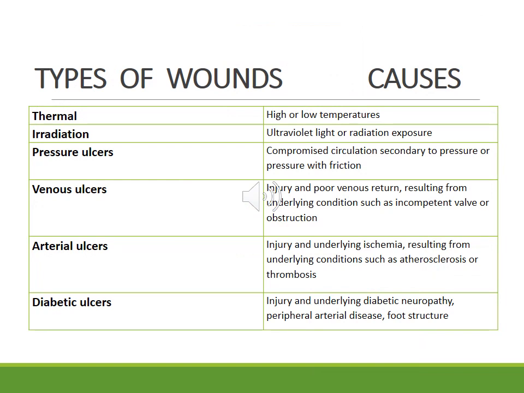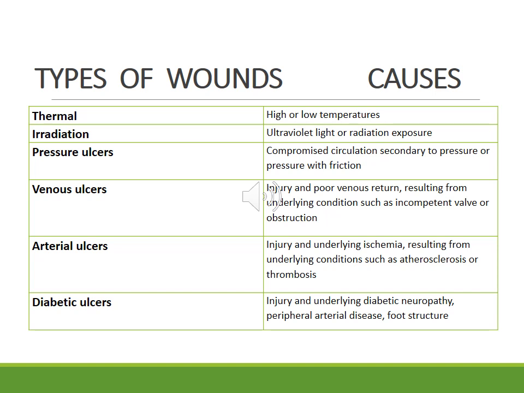We're continuing on here with types of wounds. Sometimes wounds are caused by something. This gives some examples: thermal, with some type of high or low temperature that caused damage to the skin, and we consider that a wound. Irradiation with ultraviolet light or radiation exposure. Pressure ulcers.